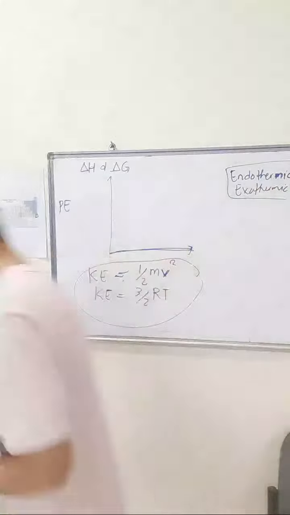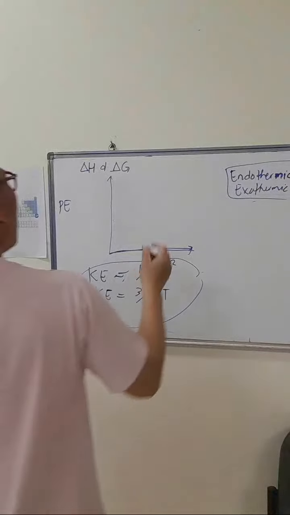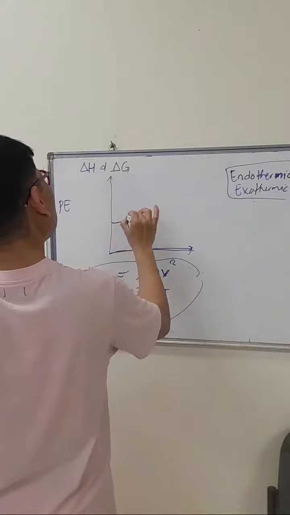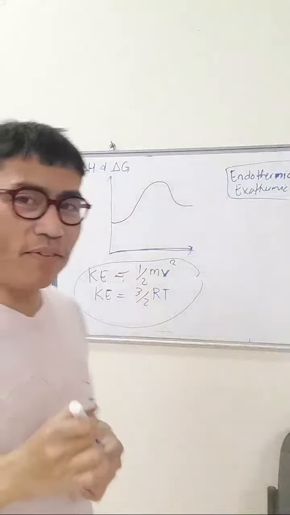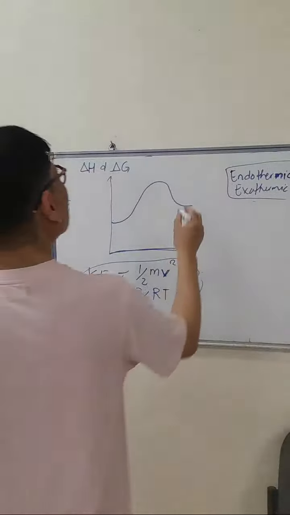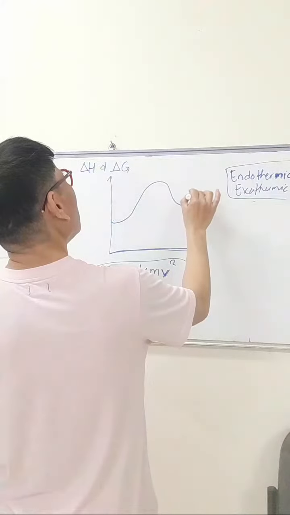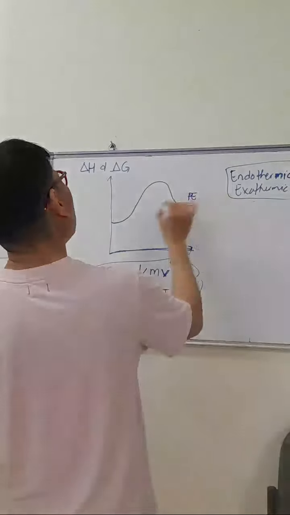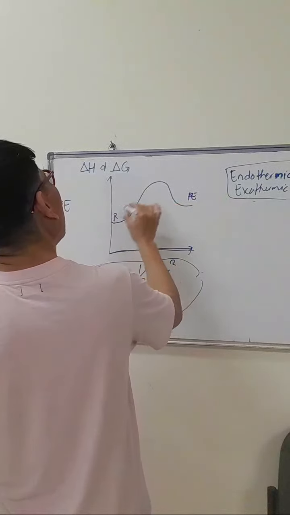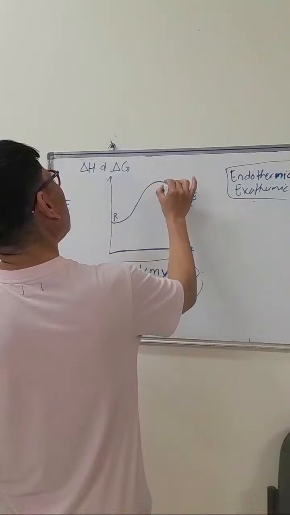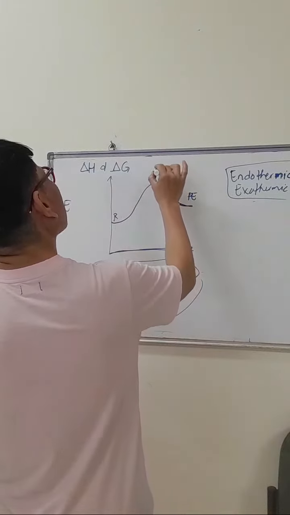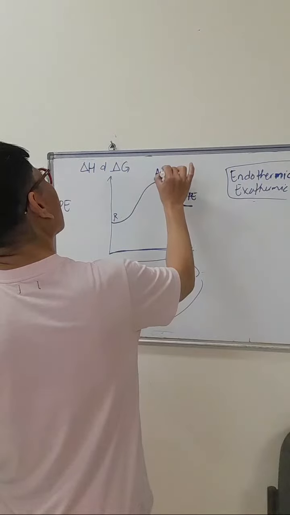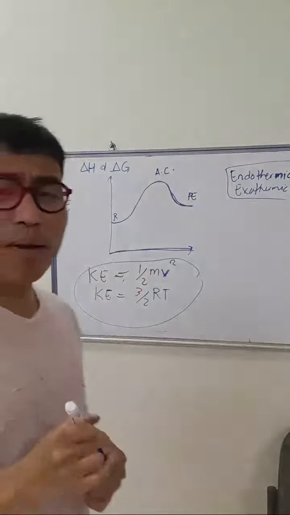Ganun siya. Okay, so we have this reactant here. Ganon. So by theory, by experimental evidences, the potential energy of your product is higher than the reactant. Okay? And this curve here, guys, in kinetics, as far as I could remember, this is the activated complex. Activated complex.